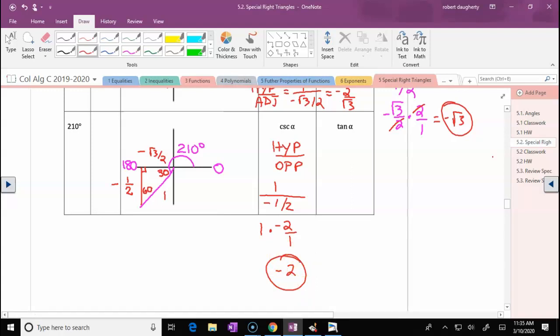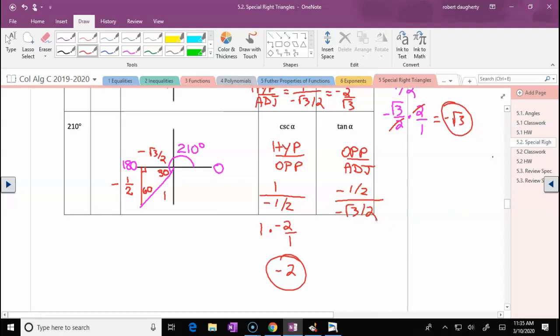The tangent. What's the definition of tangent? Opposite over adjacent. So the opposite side is negative 1/2, divided by the adjacent side, which is negative root 3 over 2.